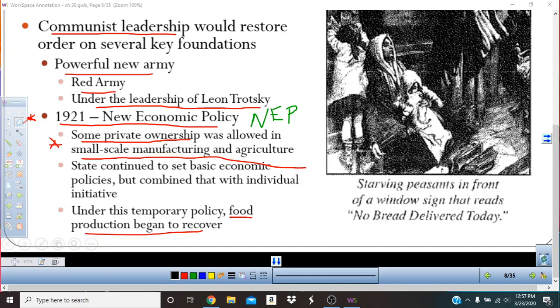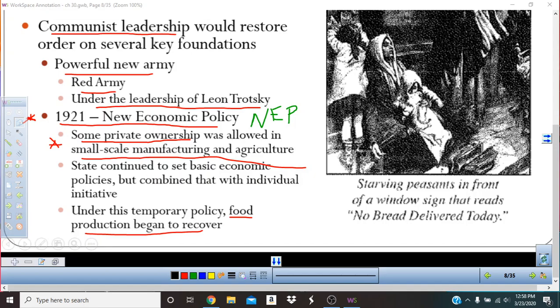So Lenin has taken over in 1917, and his communist policies are causing problems in the economy. So in 1921, he creates a policy called the New Economic Policy. Not very creative. You know, I could imagine that meeting. What should we call it? Well, it's a new economic policy, so we'll call it New Economic Policy.